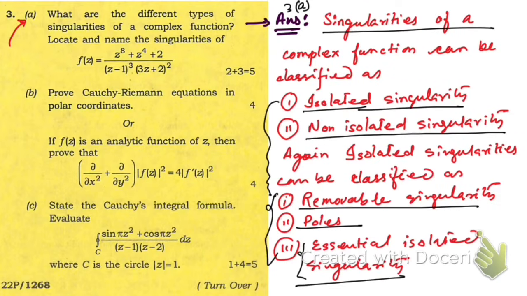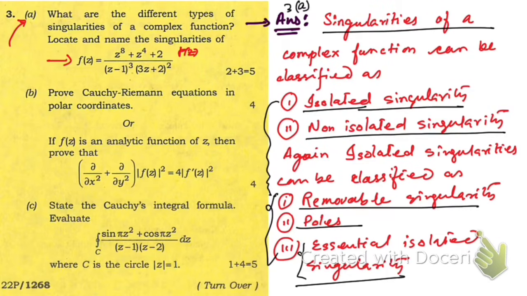So now next part of the question, here you see this function. We need to find the singularities of this function, and locate and name the singularities of this function. Now you see this is the numerator and denominator, both of this function are polynomials, right?